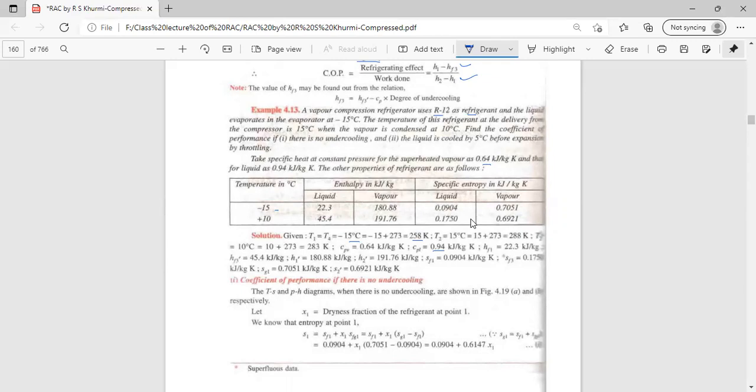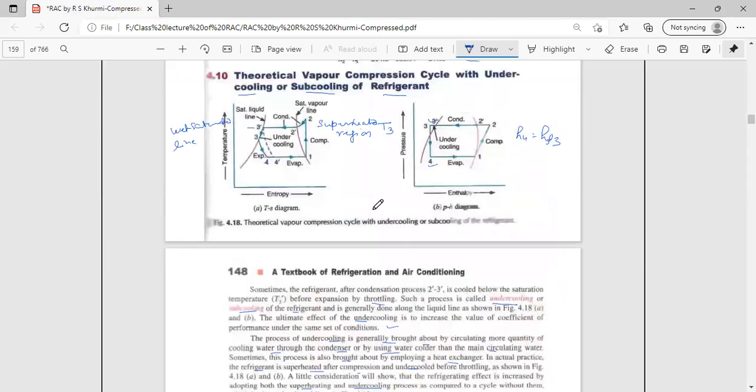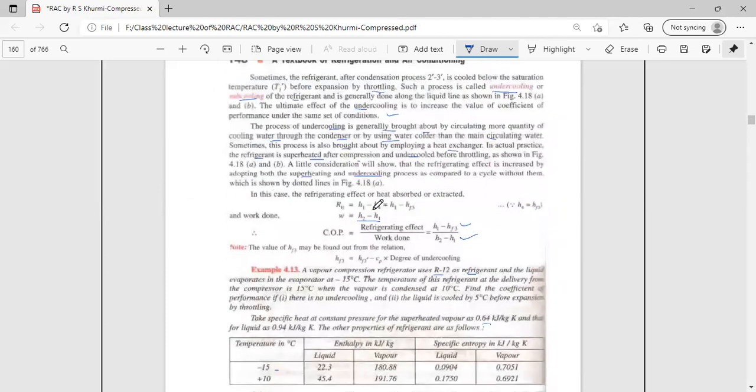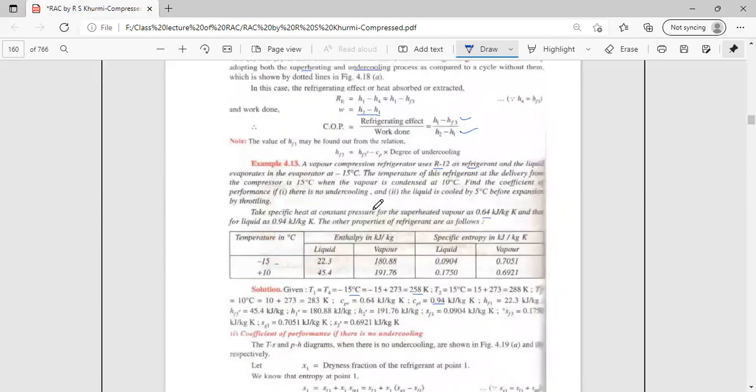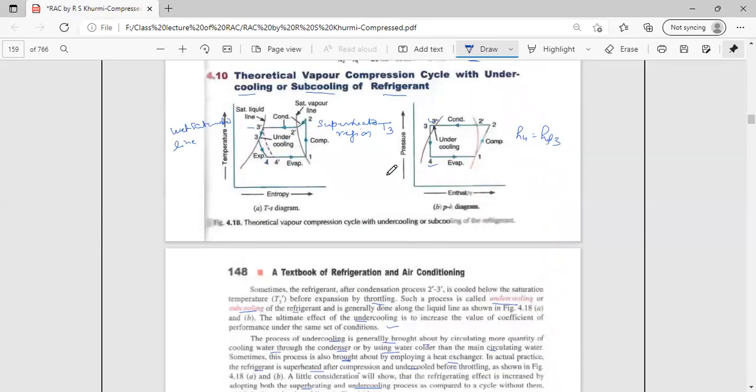So hf1 from the figure is given as 22.3 kilojoule per kg. hf1 is the enthalpy at point 1 when it is in the fluid state.